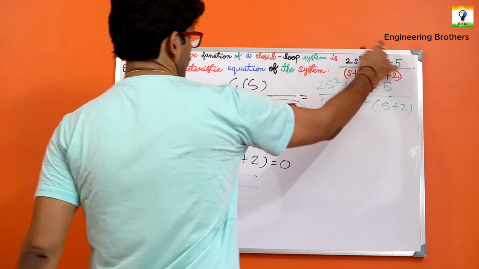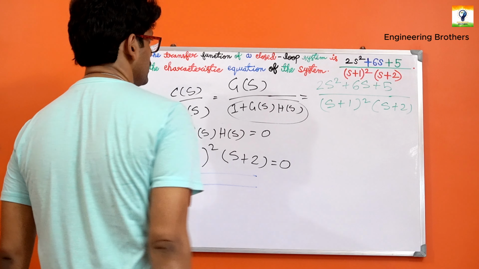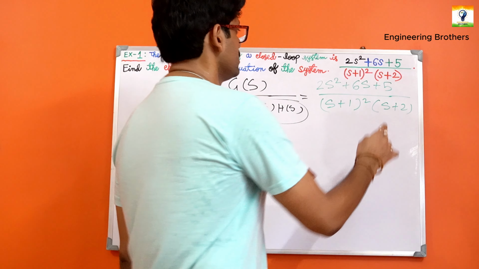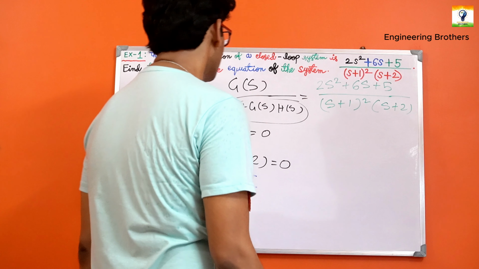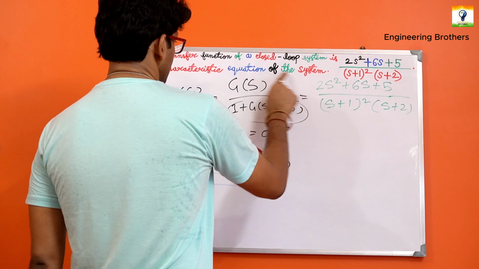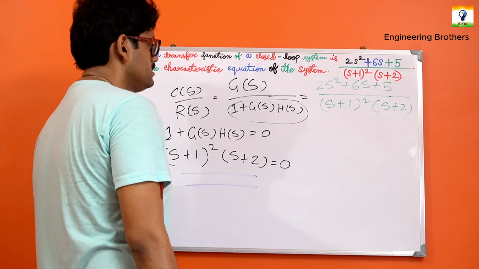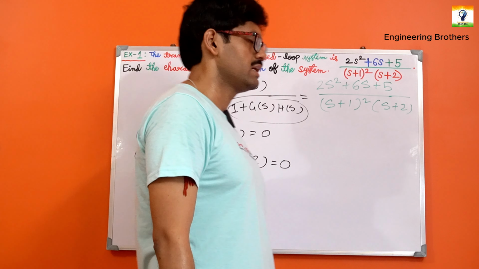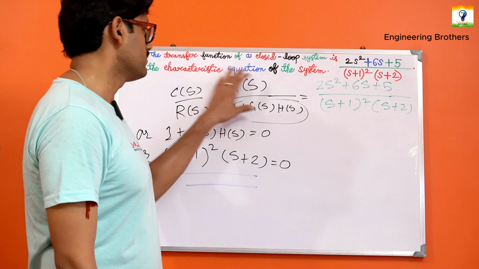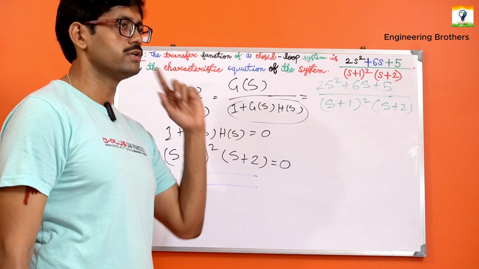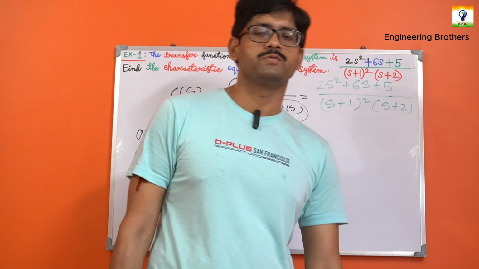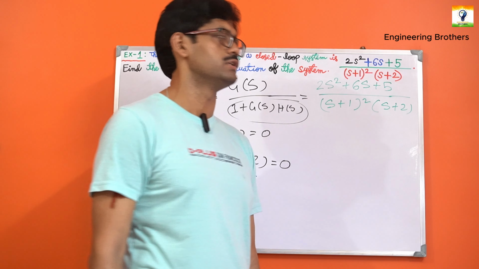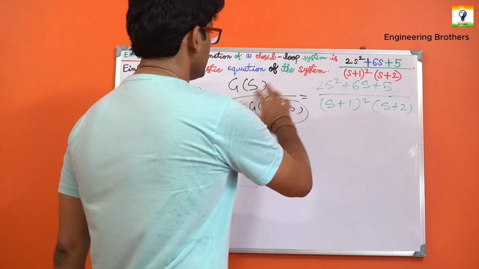Now in our given problem, we have the closed loop system transfer function, and according to our closed loop analogy, the formulation will be G(s) divided by 1 plus G(s)H(s), and we have already established this formulation in our previous videos. If you have missed our previous videos, please do follow them. The denominator portion will be equal to 0.